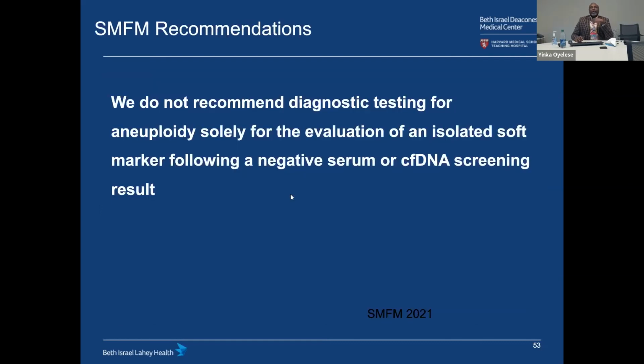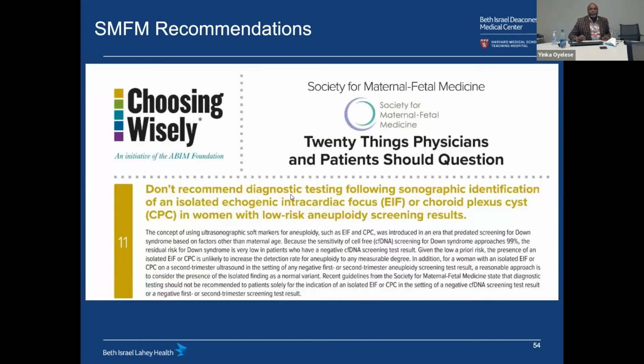So let's see, what does the Society for Maternal Fetal Medicine say? We do not recommend diagnostic testing for aneuploidy, which is chromosomal abnormalities, solely for the evaluation of an isolated soft marker following a negative serum or cell-free DNA screening result.